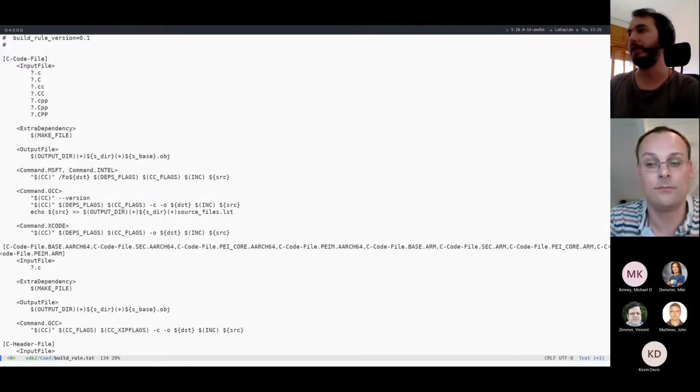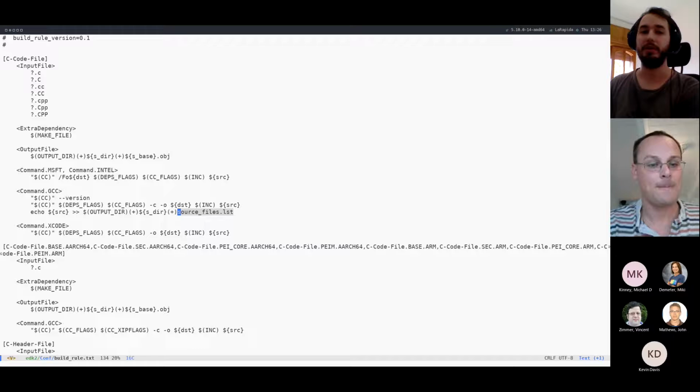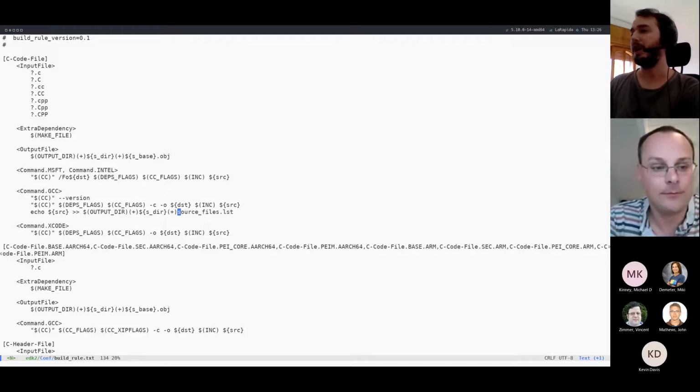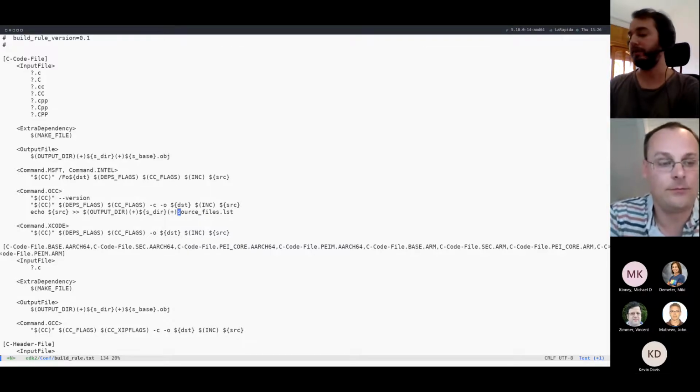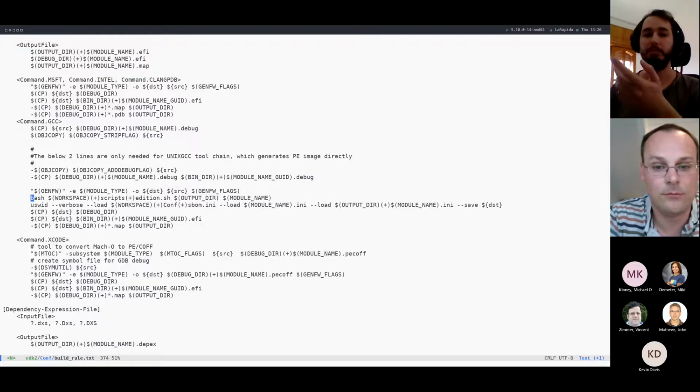So the idea is, for every C file that you found, you create this source file list with all the files, and then when using this tool, you basically run a script that reads all these files and makes a hash out of them.